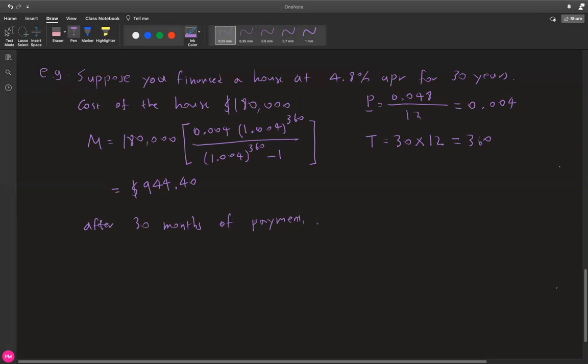So let's say you received an offer to refinance your mortgage at 3.9% APR.